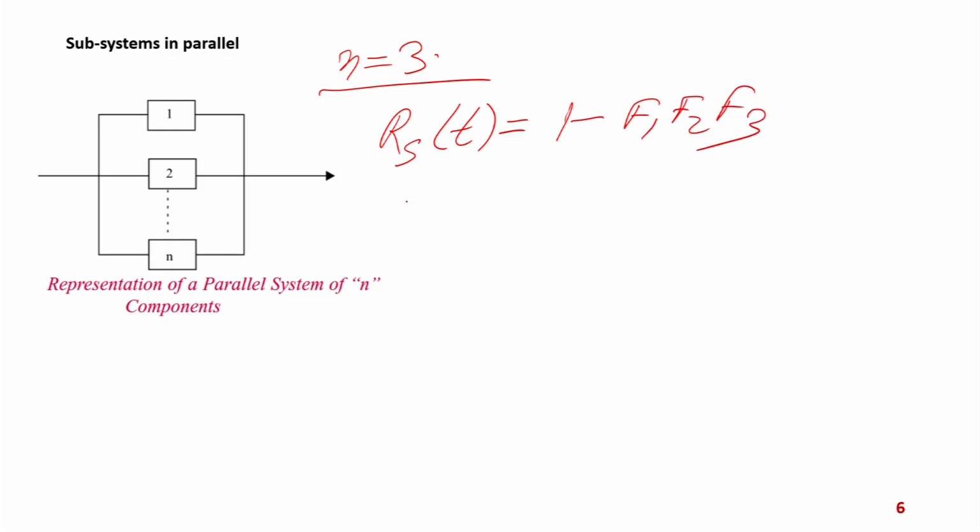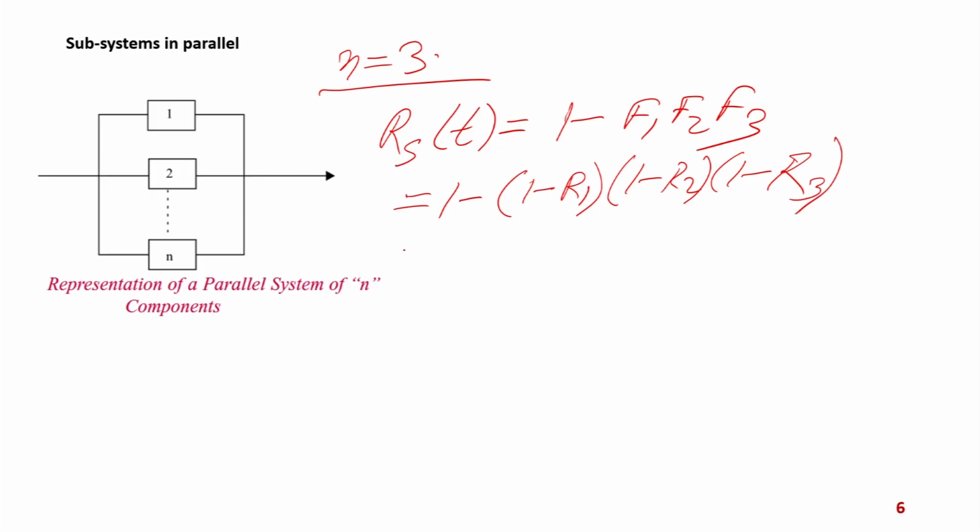Similarly, the way we did it for the 2 subsystems in parallel, it will be 1 minus R 1, 1 minus R 2, 1 minus R 3. Okay.